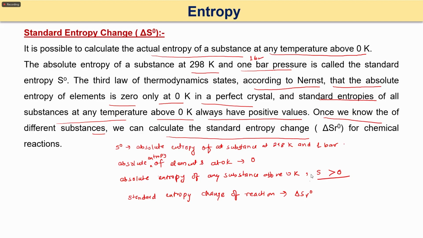The standard entropy of reaction can be calculated by this equation: the change in the standard entropy of reaction is equal to the summation of standard entropy of the products minus the summation of the standard entropy of the reactants.